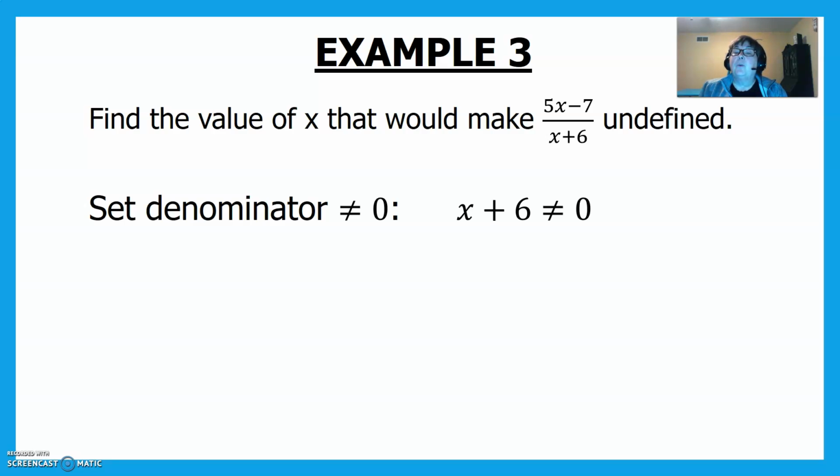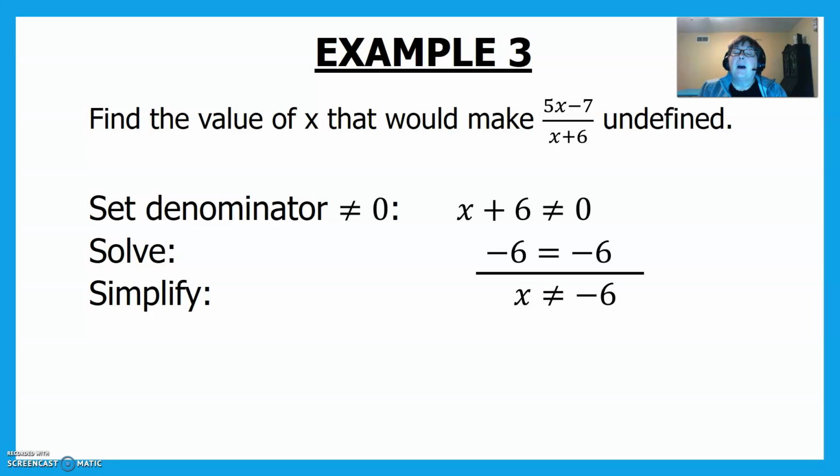So I'm going to subtract 6 from both sides, and then I'm going to simplify, and I get x is not equal to negative 6, because on the left hand side the 6 and negative 6 canceled, and then 0 minus 6 is negative 6. And I can just plug that in, in the denominator in the original problem. It would be negative 6 plus 6, which would be 0, and that is undefined.